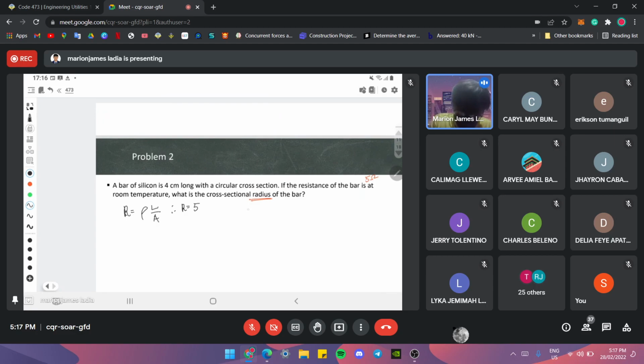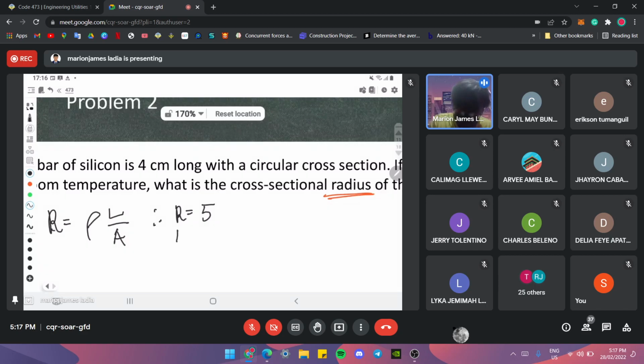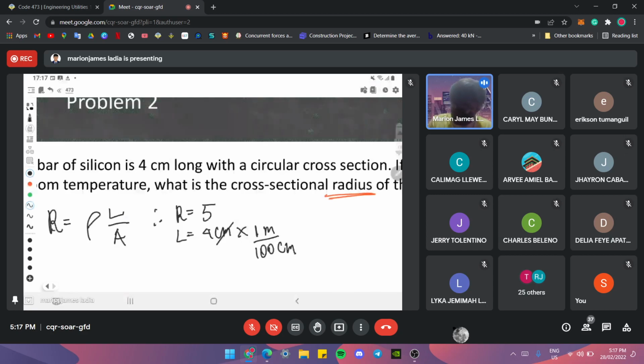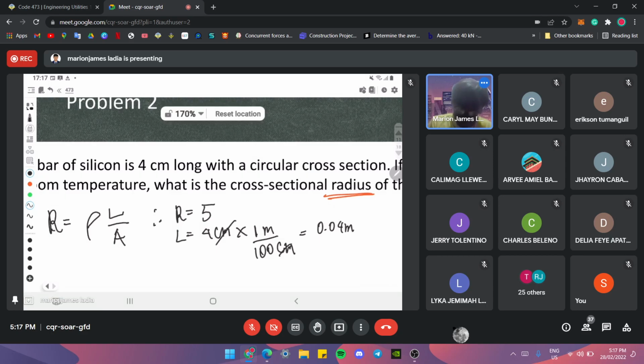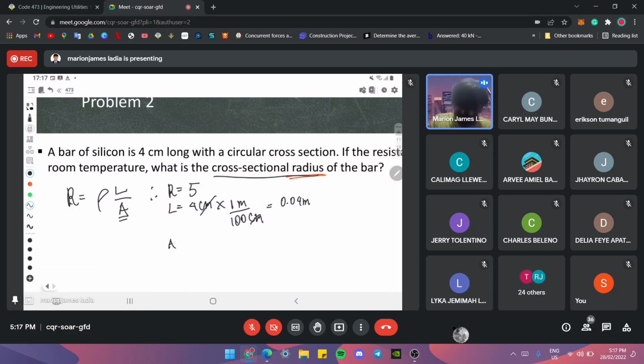The length of our bar, L, is 4 centimeters multiplied by 1 meter over 100 centimeters. So I will have 4 over 100, which is 0.04 meters.